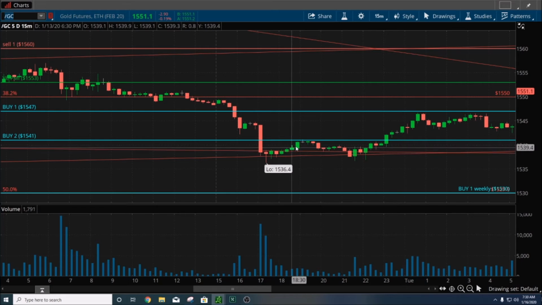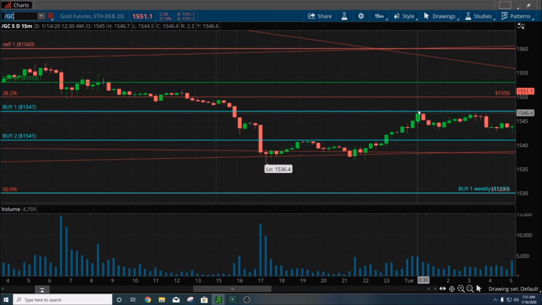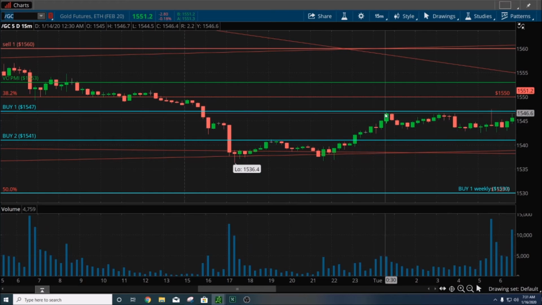The market rallied again, activating another buy signal on the 13th at 11:30 p.m. from 1542, and ran up against the target above of 1547. You can go neutral, take your profits, wait.